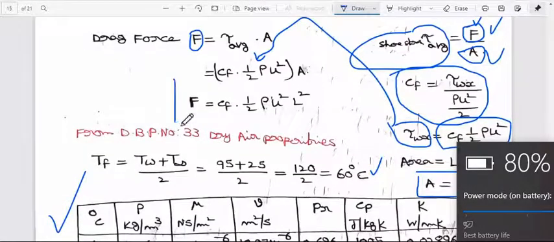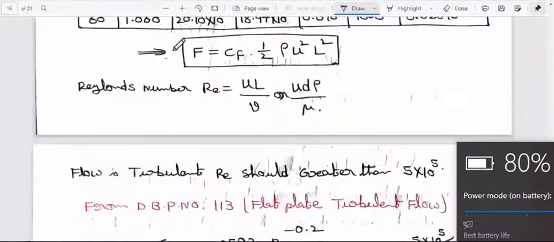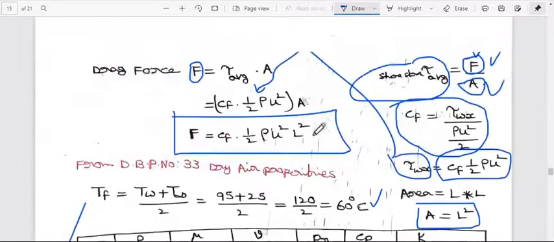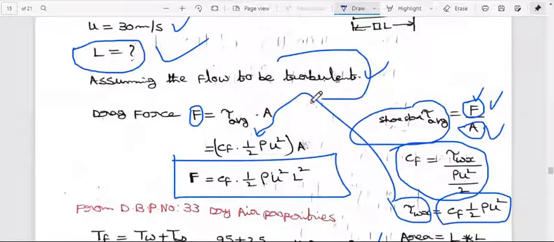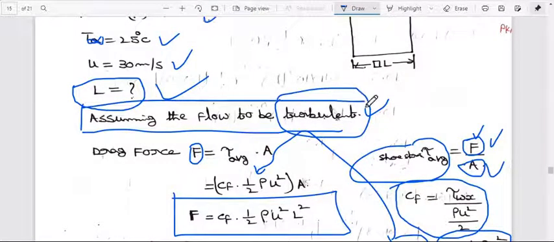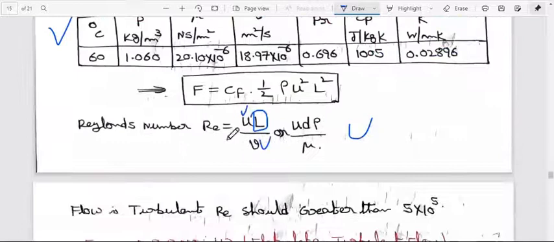So we have the force formula and the Reynolds number formula. Here L is an unknown parameter, U is a known parameter, and V is a known parameter. In this problem it says to assume the flow to be turbulent, but if that condition were not mentioned, we would need to calculate the Reynolds number.